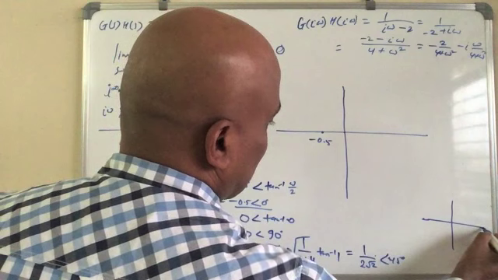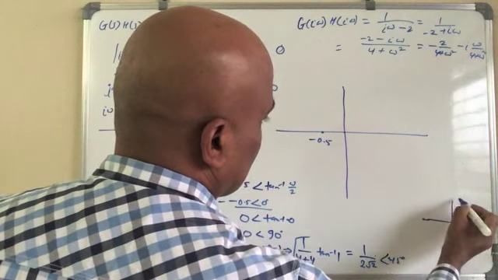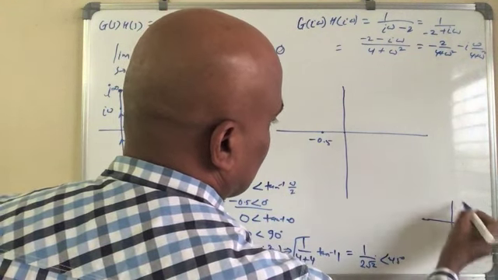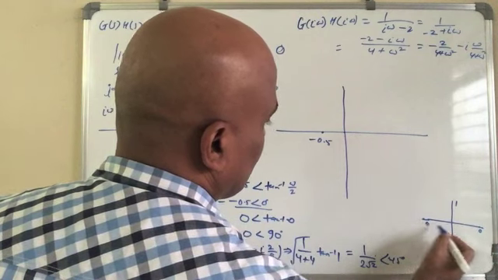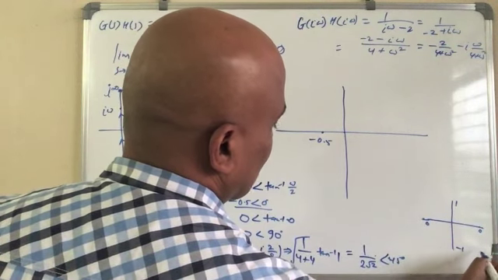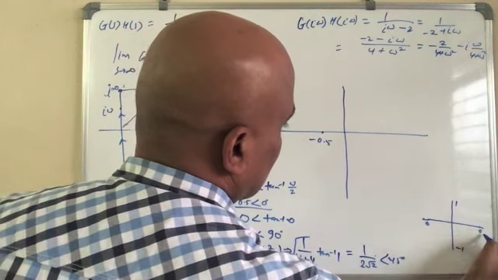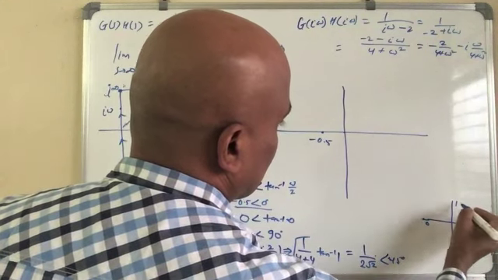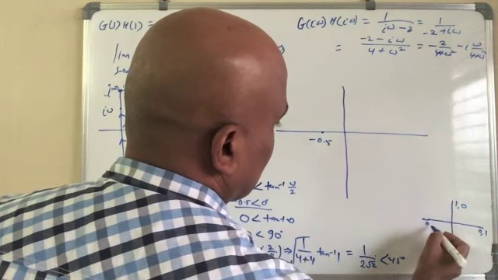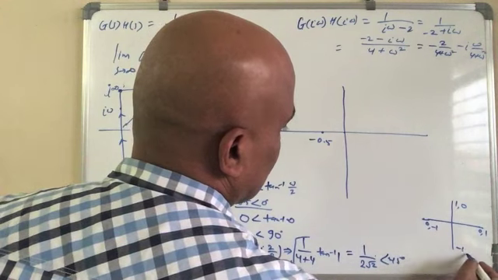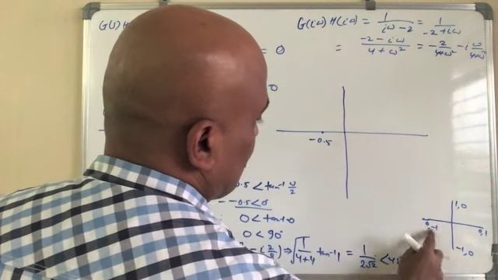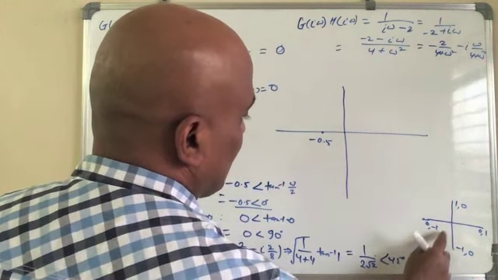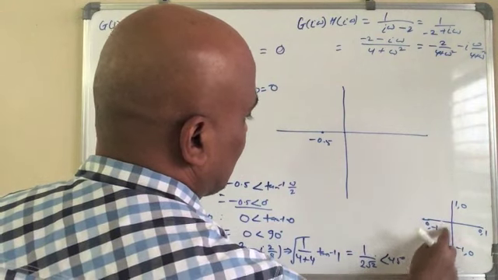For example, sine will be 0 here, plus 1 here, 0 here, and minus here. Cos will be 1 positive here, 0 here, negative here, and then 0 here. So both sine and cos, both negative, are in the third quadrant.